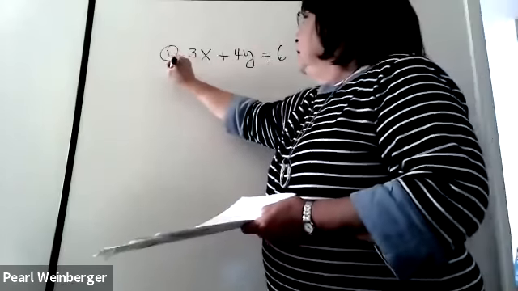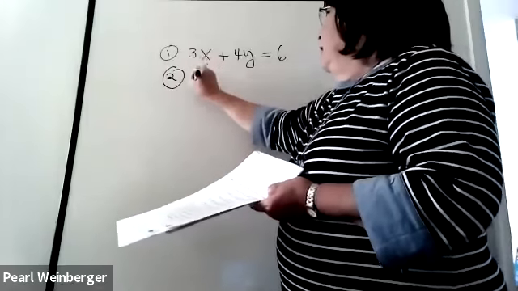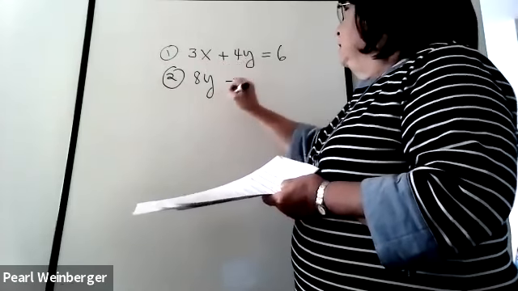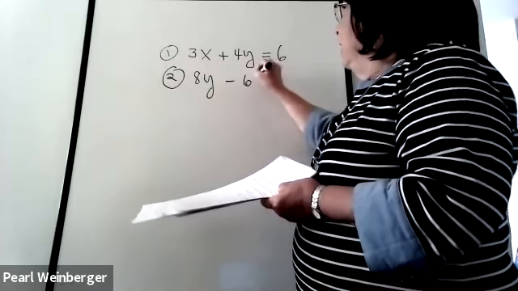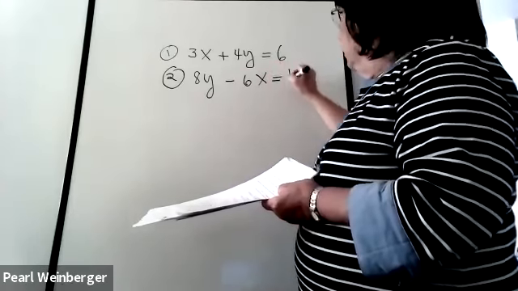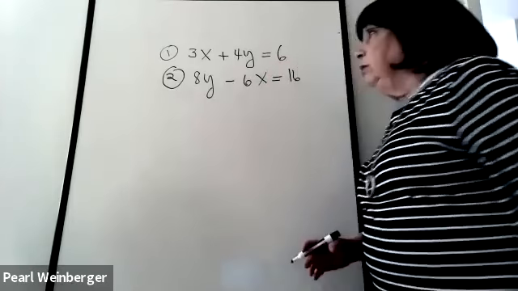And my second line is 8y - 6x = 60. Here are two linear equations.